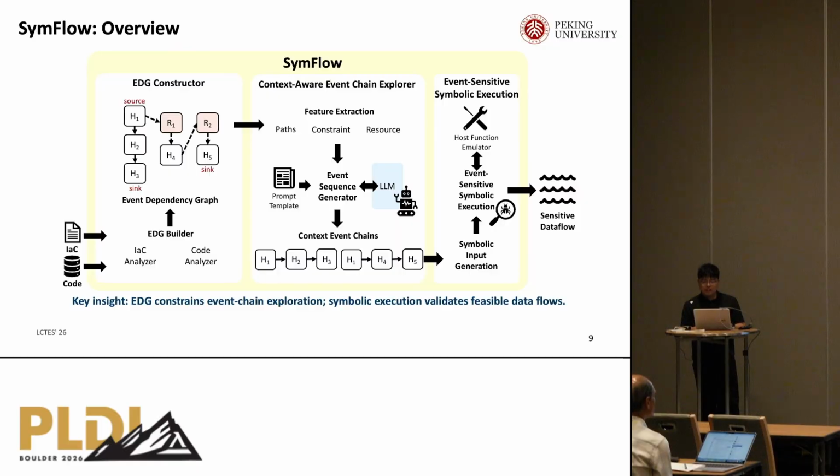It uses symbolic inputs and cloud API emulation to check whether the data can actually propagate from a sensitive source to a security-critical sink. The key idea is that the EDG narrows the search space while symbolic execution validates feasibility. So the final report is a verified sensitive data flow rather than only a reachable architectural path.